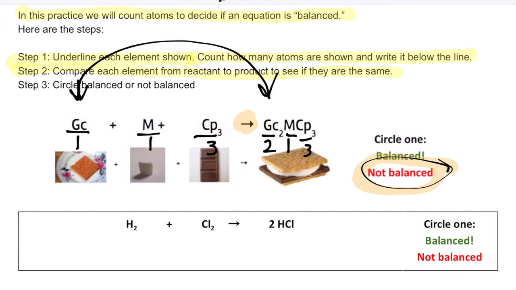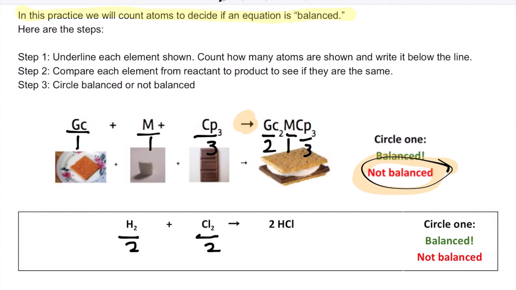Let's try it with the next one, which has real atoms or real formulas. First step, underline each element and count how many atoms are shown and write it below the line. So H2, I see 2 H's. This is capital Cl for chlorine, and there's 2 of those.